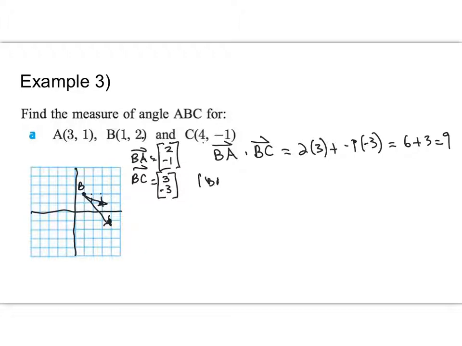The magnitude from B to A is going to be the square root of 2 squared plus 1 squared, which is the square root of 5. And I also want the magnitude of B to C. That's going to be the square root of 3 squared plus 3 squared, which is the square root of 18.